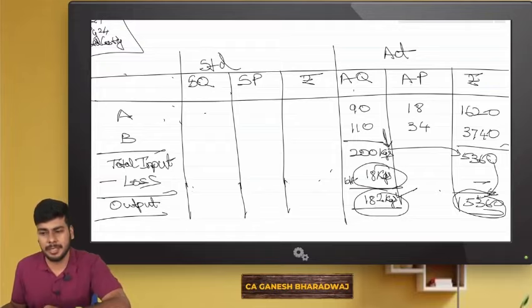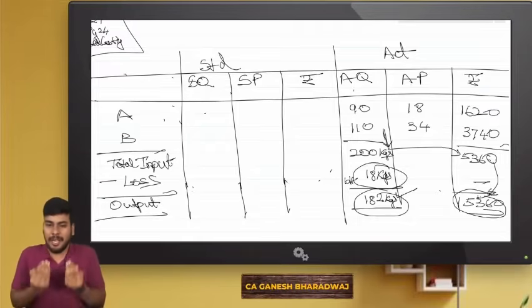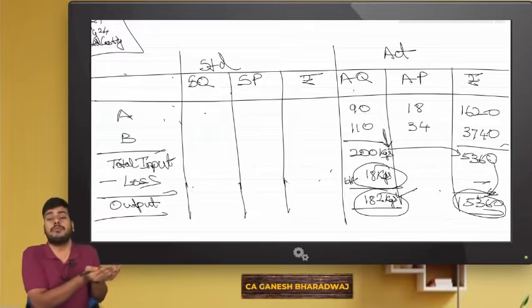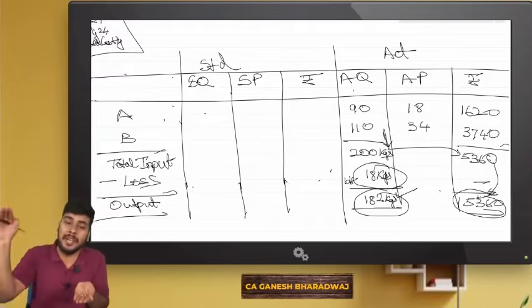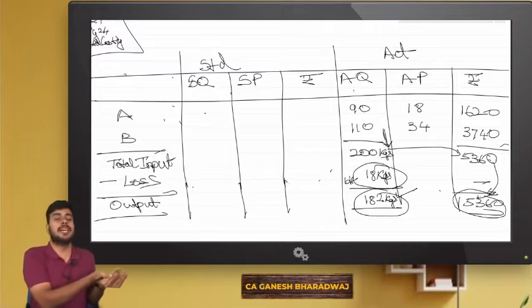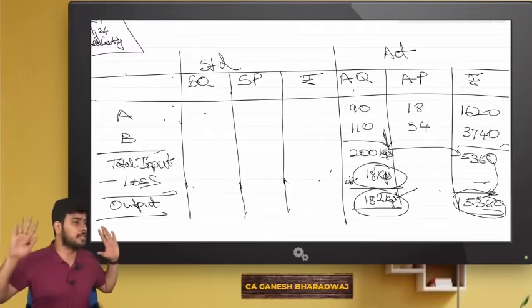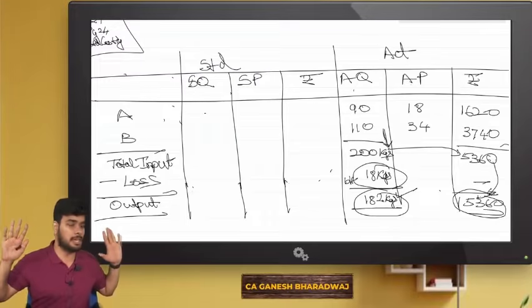Does it make sense? So only if I spend cost on 200 kgs, I will get good kgs worth 182. Are you clear with this? Are we all settled on this?